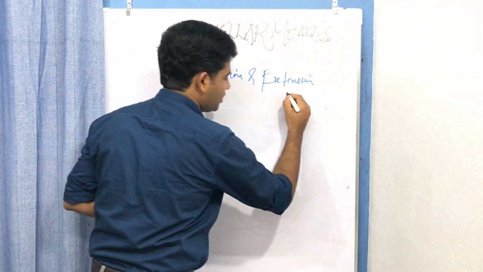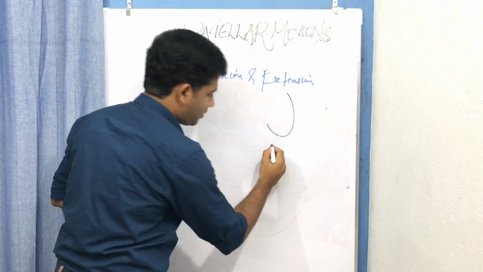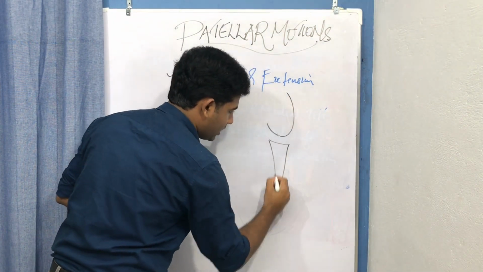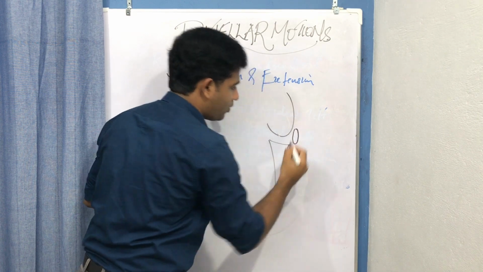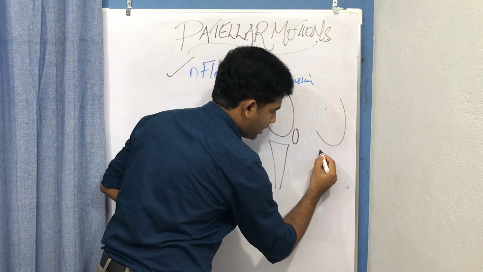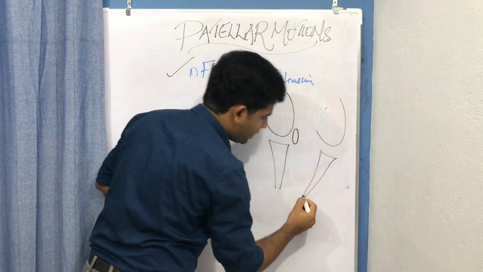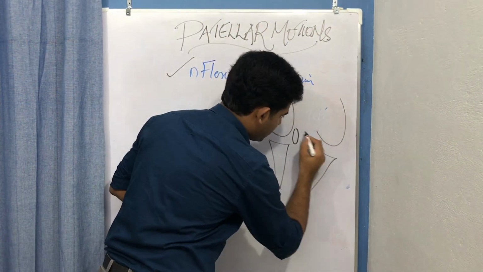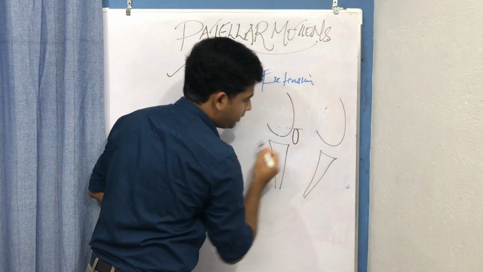So let us see with this diagram. Femur, tibia, the neutral position, right? And femur again, tibia again, but in a flexed position. This was the initial position of the patella.